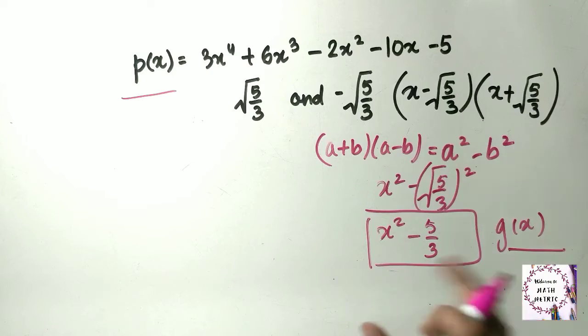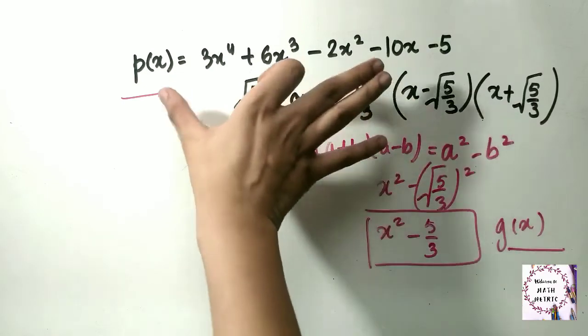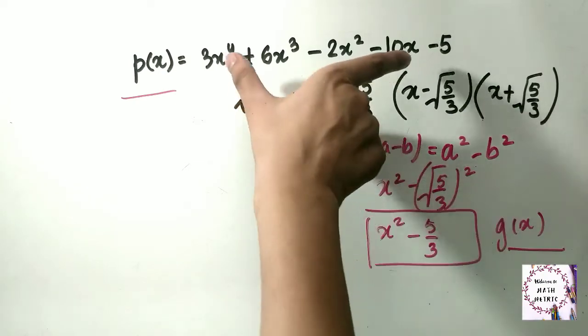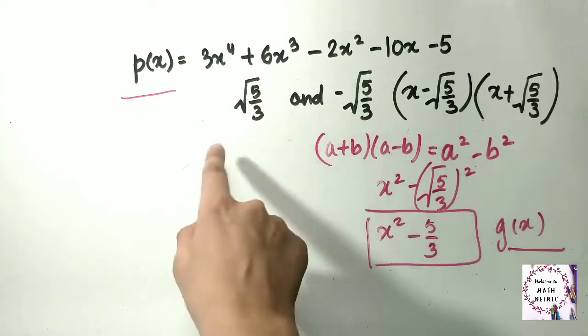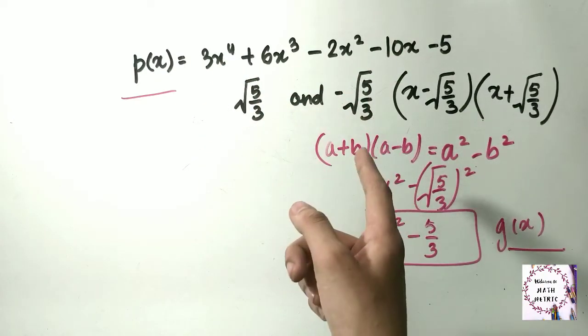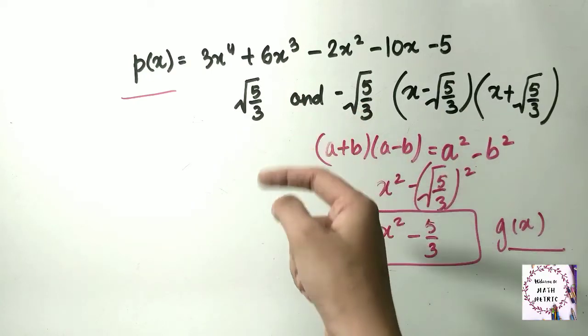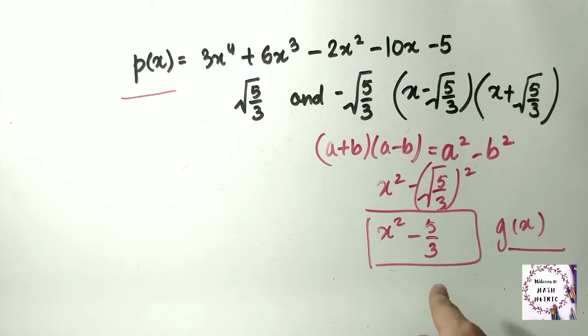Let's name it g(x). I know that this g(x) is a factor of this p(x) because root 5 by 3 and minus root 5 by 3 are used to make this polynomial, which are zeros of this polynomial. So we solve this by division algorithm, and further I'll show you what we'll do.